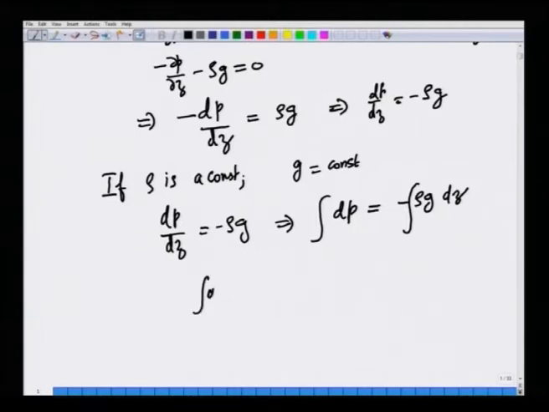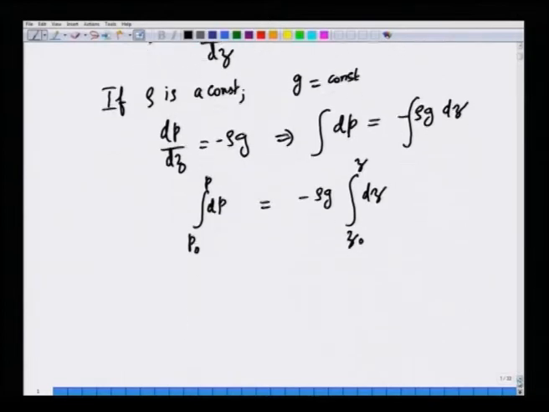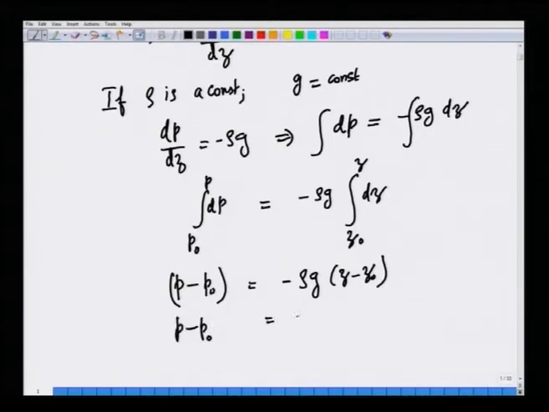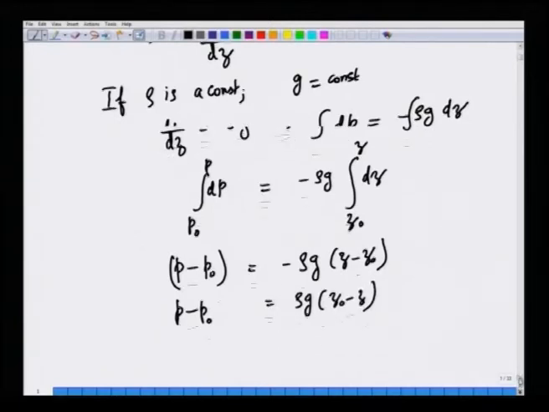So, integral dp between any 2 points p naught and p is minus rho g integral z naught to z dz. So, p minus p naught is minus rho g times z minus z naught, or p minus p naught is rho g times z naught minus z after absorbing the minus sign.